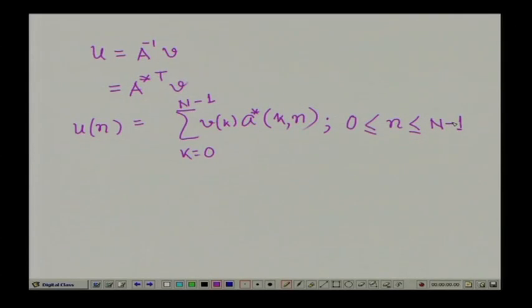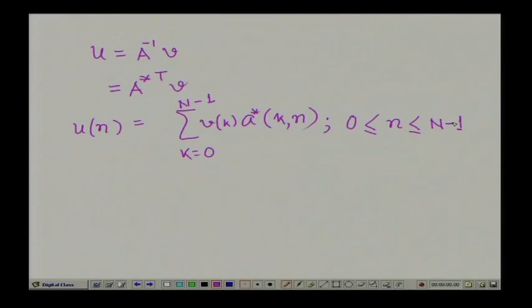So, by using the unitary transformation, we can get the transformation coefficients, and using the inverse transformation, we can obtain the input discrete sequence from the sequence of coefficients. And this expression says that the input sequence u n is now represented in the form of a series summation of a set of vectors, or orthonormal basis vectors.